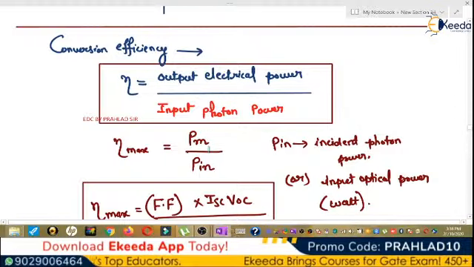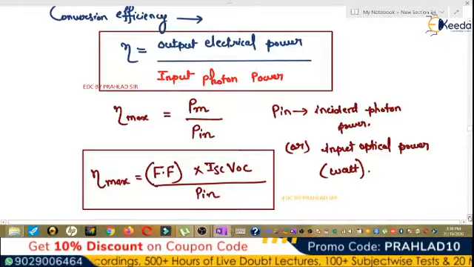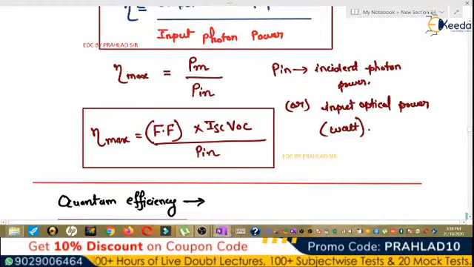So output electrical power is PM, and input photon power is Pin. Pin is the incident photon power or input optical power, which is measured in watts, and PM can be written as fill factor into ISC into VOC, upon Pin, the input photon power.